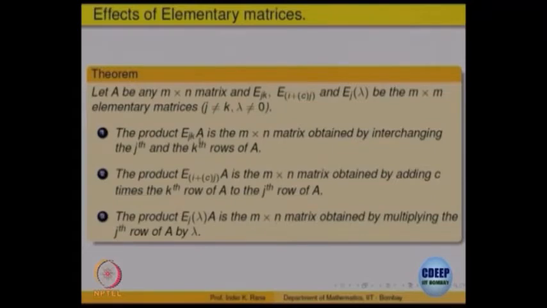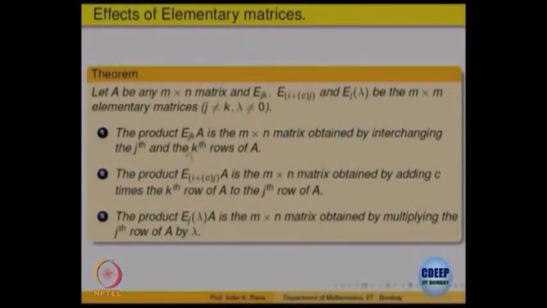So, what will be the resulting matrix? Ejk is m cross m, A is m cross n. So, the product will be an m cross n matrix, and that will be the same as if you have interchanged the jth and the kth row of A, right. So, is it clear? Doing a row operation on a matrix is pre multiplying by the appropriate order elementary matrix, with that operation done on the identity matrix.